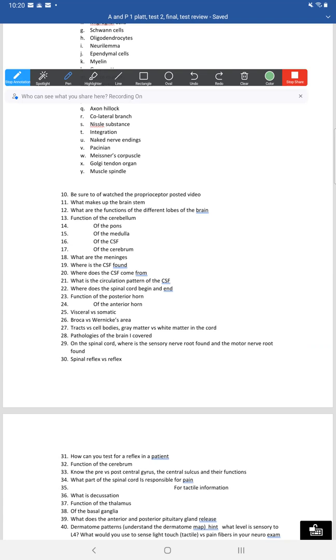You can do a spinal tap: if a person is sick and you suspect the cerebrospinal fluid or the meninges are hurt, you can withdraw the fluid, the CSF, to have it analyzed and see what's going on.